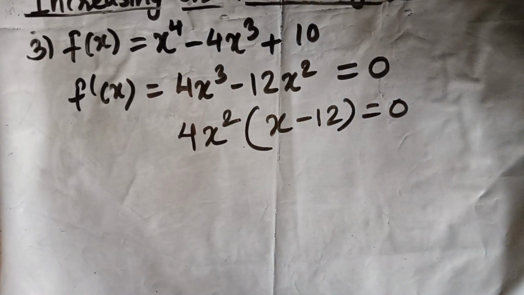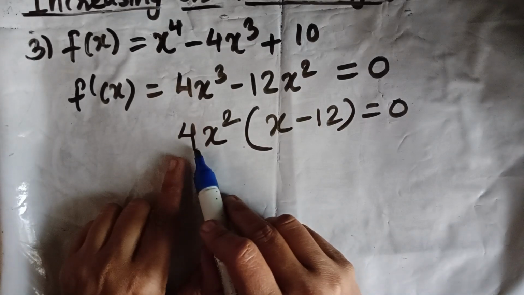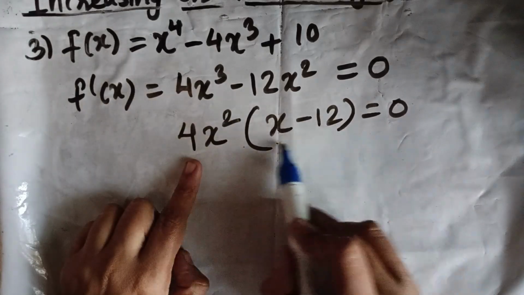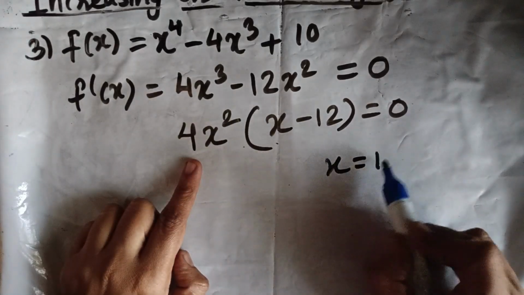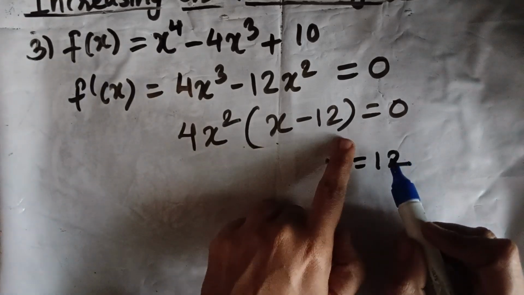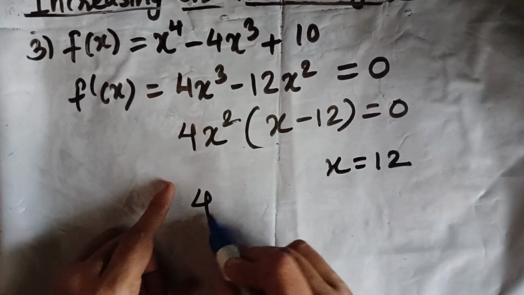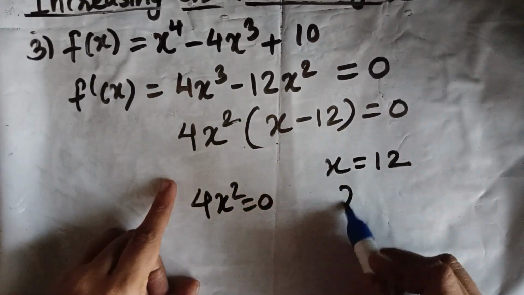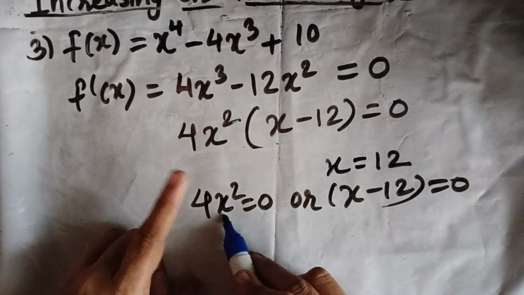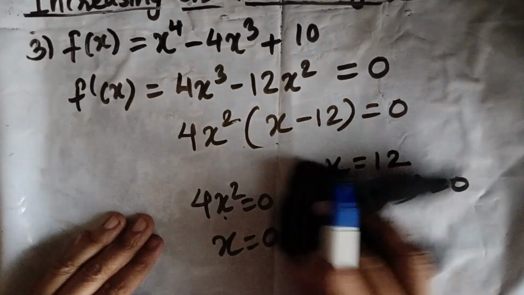Here sometimes students make one mistake: they consider only this thing, that is x equal to 12. You have to consider this also because it is a part of that function. We are equating this term to 0 and also this term to 0, that is OR, right? So you'll get x equal to 0 and x equal to 12. So these are the critical points.